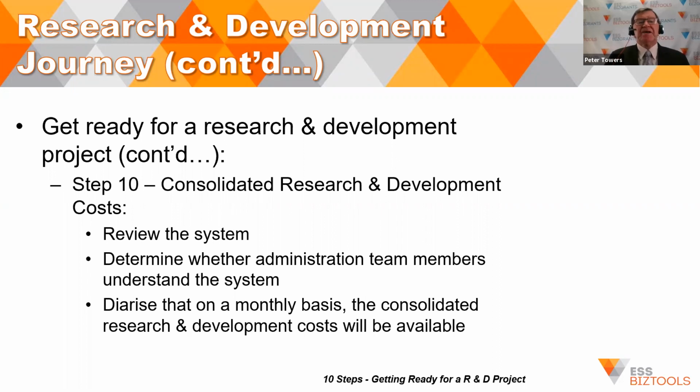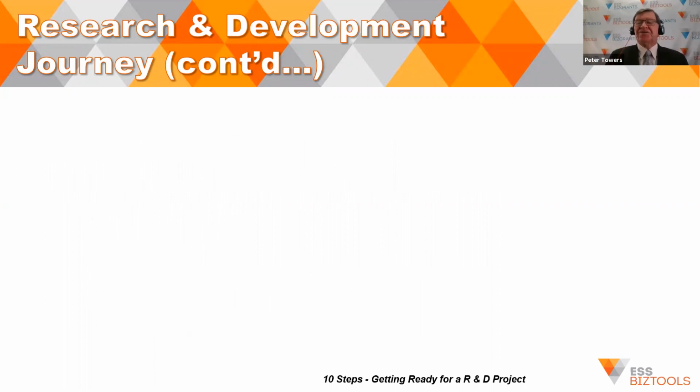The directors may get alarmed as to what the cost is reaching on a particular project and decide to discontinue that project. They need to be receiving accurate information as to what the costs are.